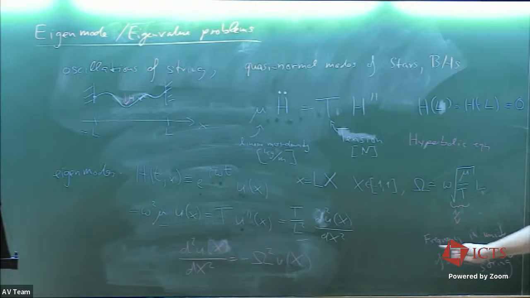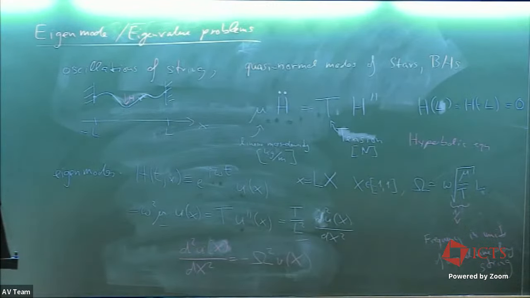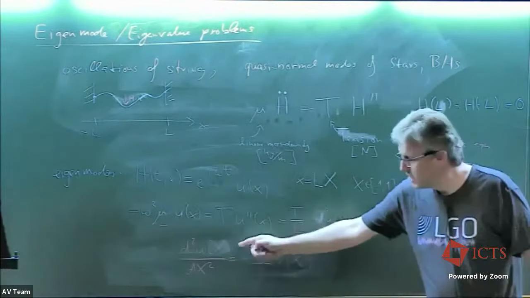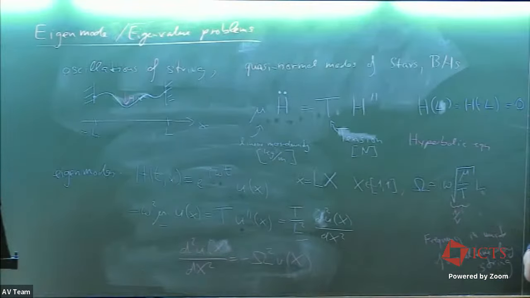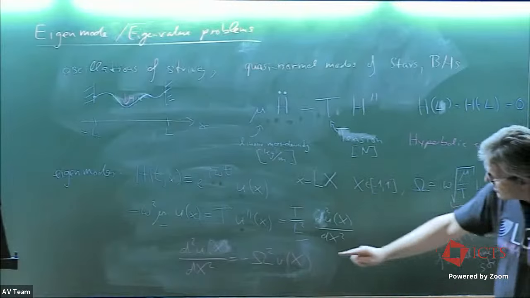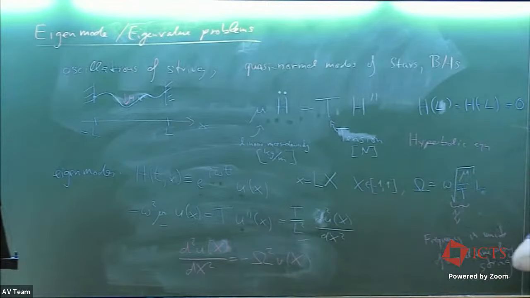And what we now have down here is an equation. It still has derivatives. That's why I'm calling it a partial differential equation. But now the two unknowns at the same time are the function u of x, we want to know the profile of our string when it's oscillating, and also unknown is the frequency omega with which the string is going to oscillate.